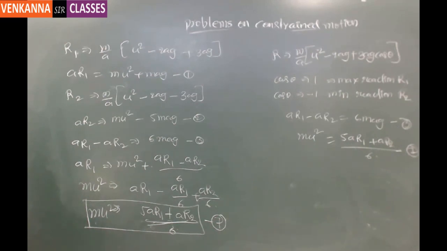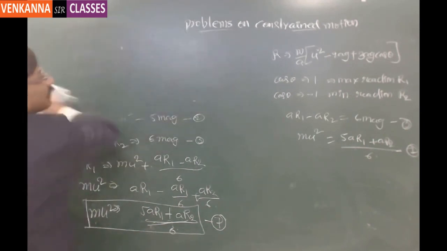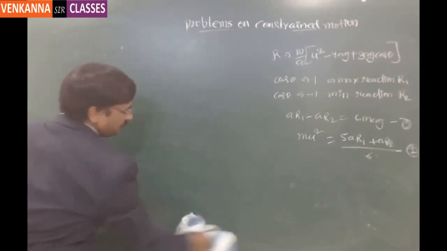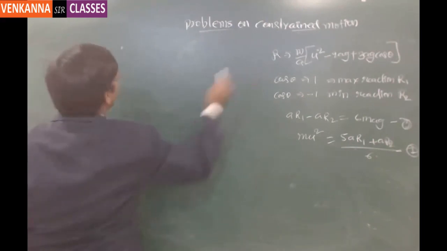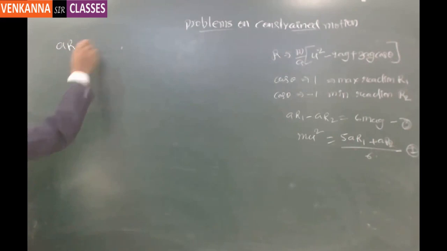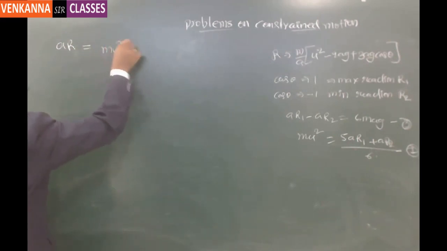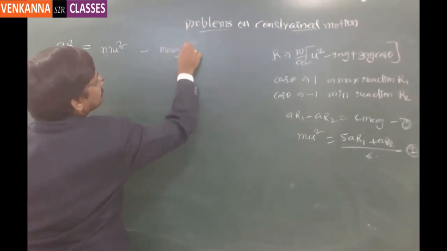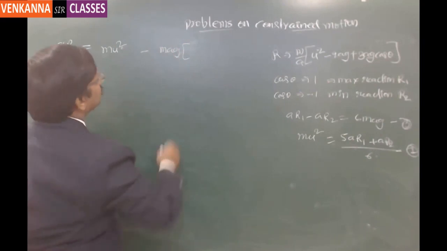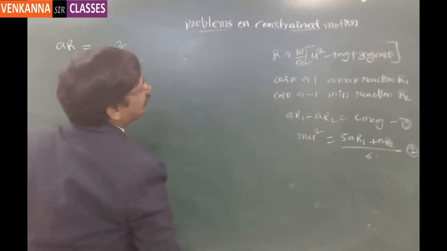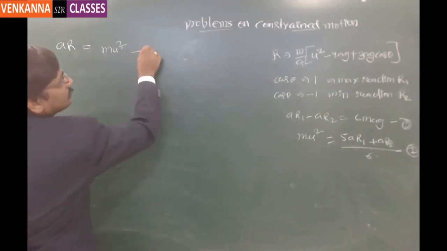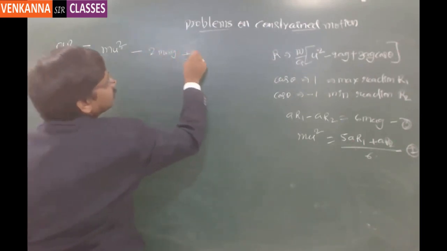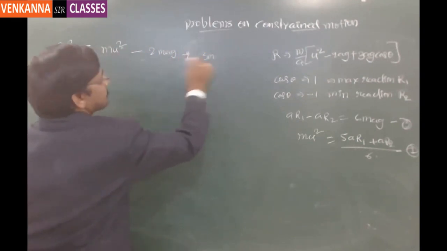Done? So once we got these values, from the first relation, for any random angle theta, aR is equal to mu square minus 2 mag plus 3 mag cos theta.